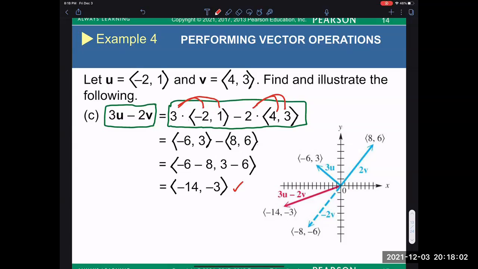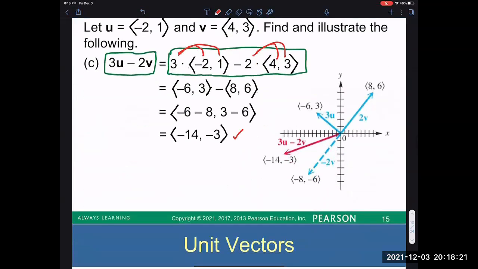And if we visualize what's going on graphically, as we would have had to do these operations in 7.4, we can see the multiples shown. They don't even show the original u and v, even though they did that back in the earlier example. But if you double v, you get that left blue vector. And if you triple u, because u is a teeny little vector, it ends up there.